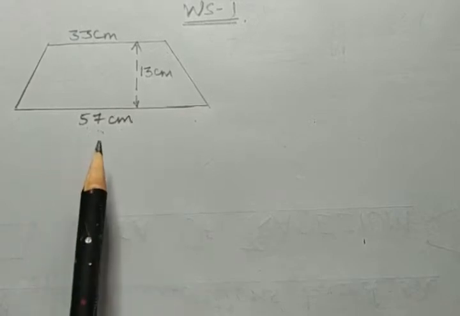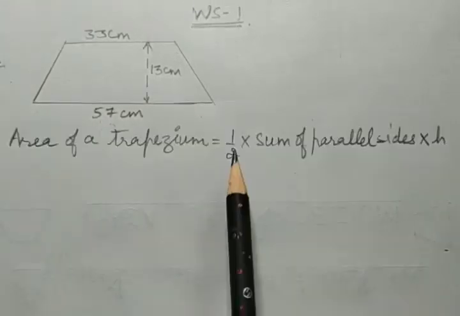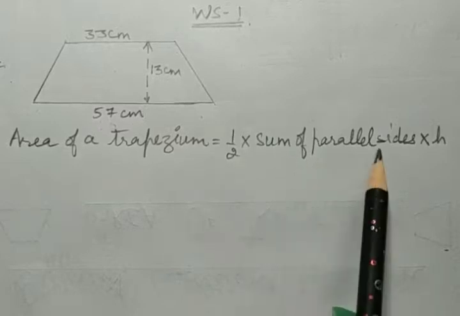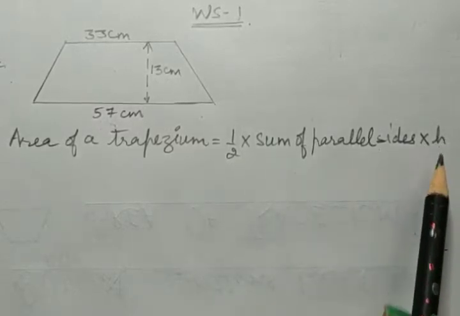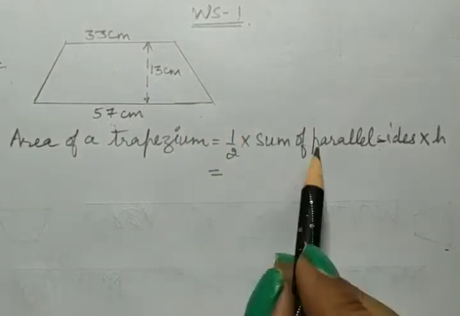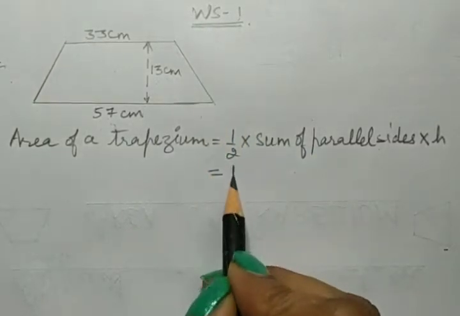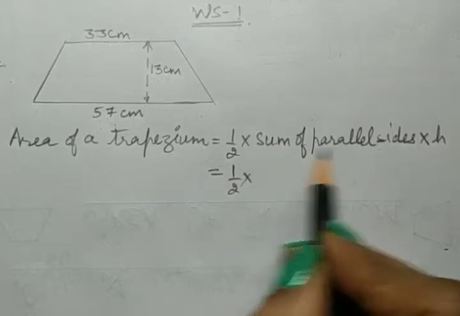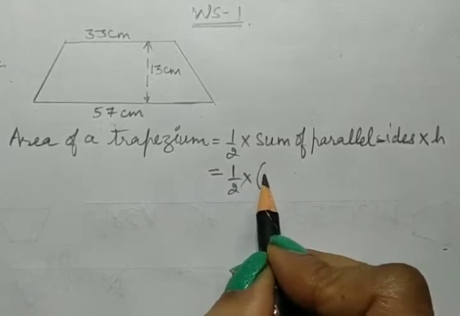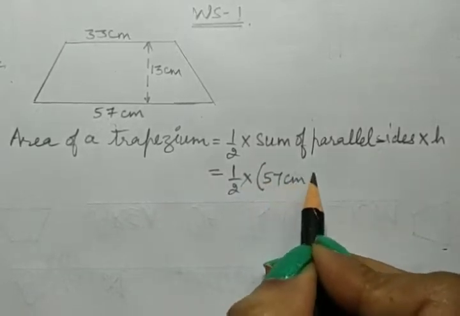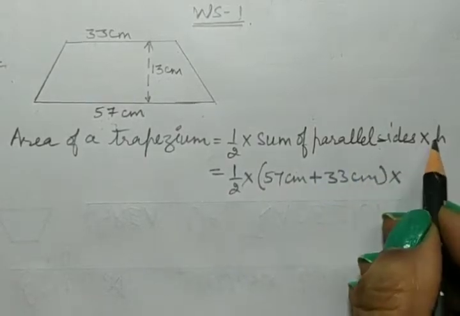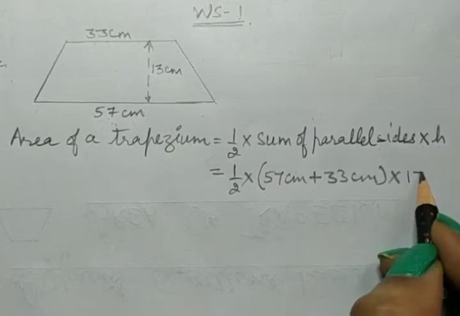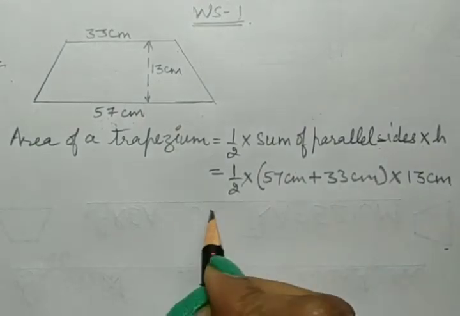And according to the area of a trapezium, half multiplied by sum of parallel sides multiplied by height. Height is the distance between parallel sides. So put the values in this formula. Half multiplied by sum of parallel sides, that is 57 centimeters plus 33 centimeters, multiplied by height, that is 13 centimeter.